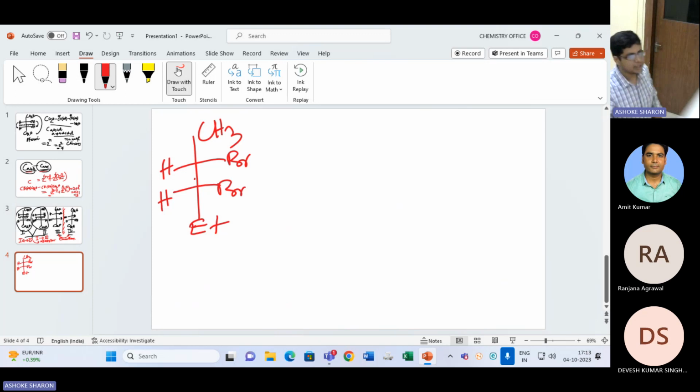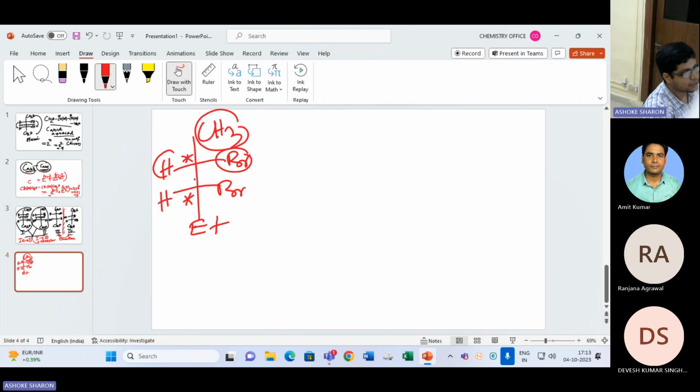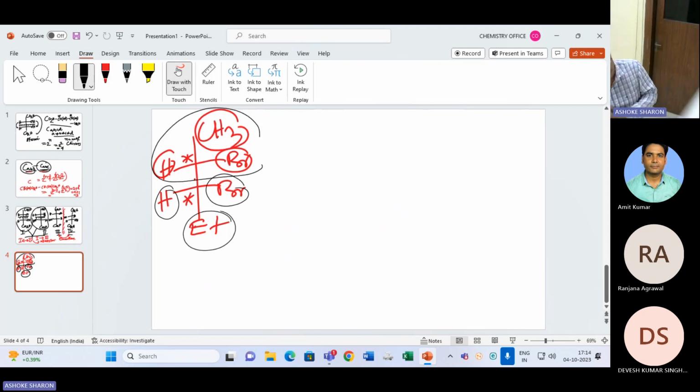You see, this is one chiral center. There is another chiral center. But the connectivity on this chiral center is methyl group, bromo, hydrogen, and CHBr ethyl. But if you consider this other center, the connectivity is hydrogen, bromide, ethyl, and this one. So that means it's not a symmetrical one.